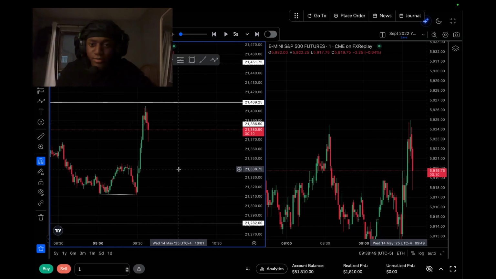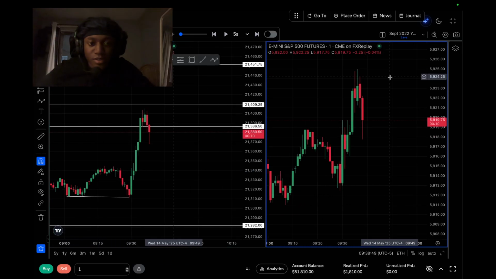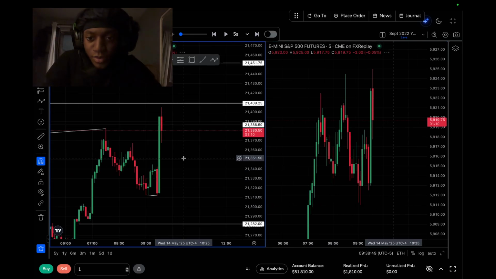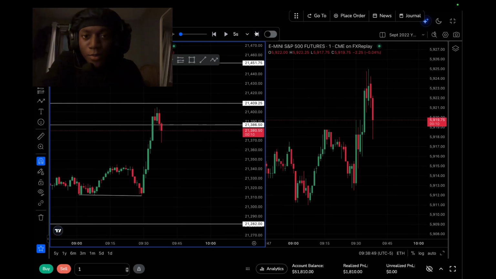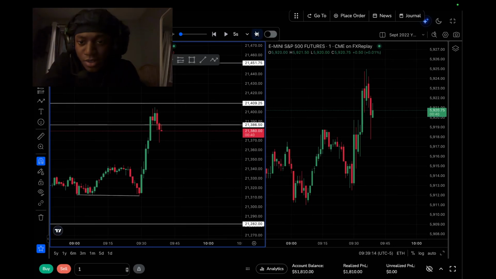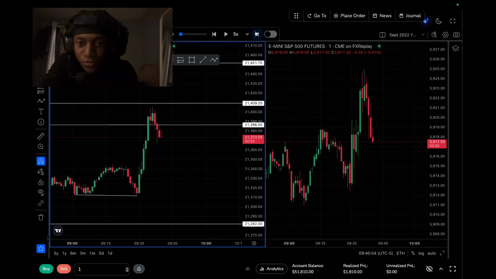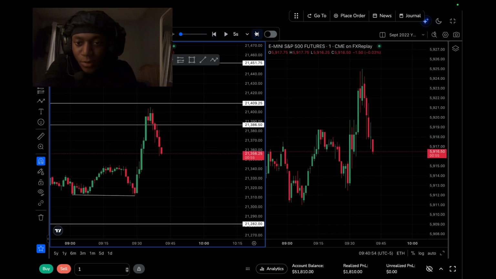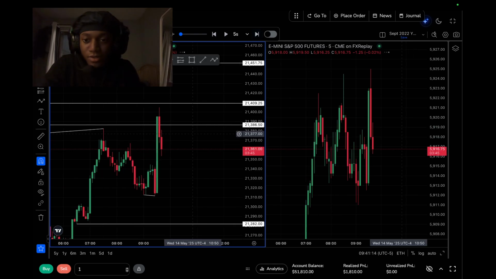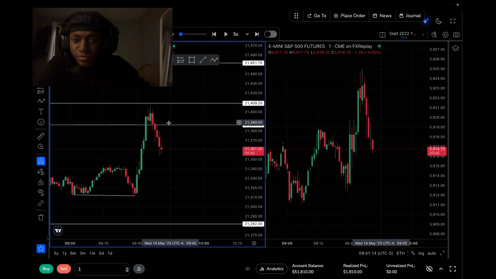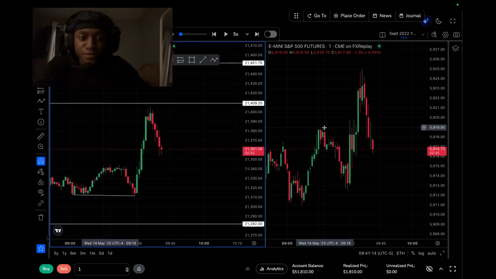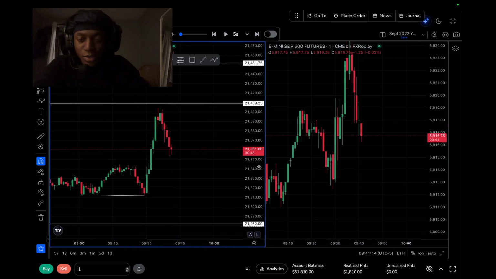Let's see. Okay, the next 5-minute candle opens in a minute. It has just opened and we've rebalanced into it, I believe. Yes, we have. Now, how do we react to it?